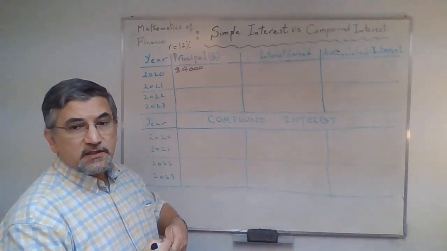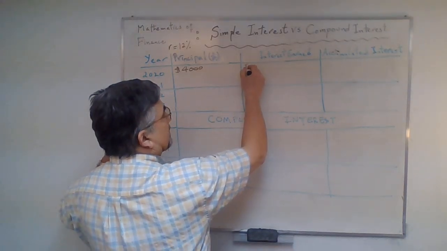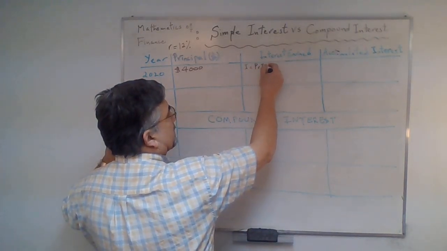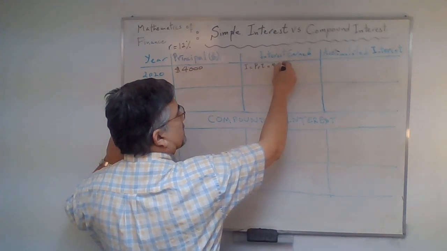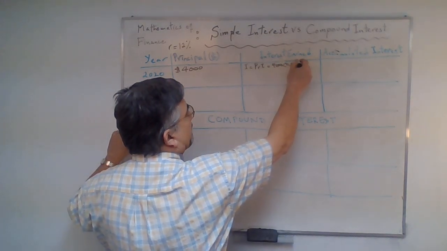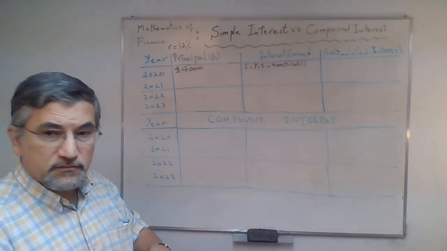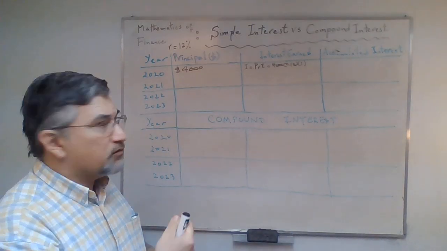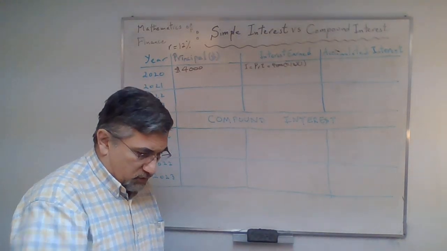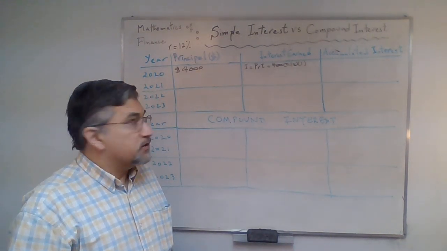So the interest will be calculated as I equals PRT, and 4,000 times 0.12 times 1 year, because the investment is for 1 year. You want to know how much you're going to earn after 1 year.